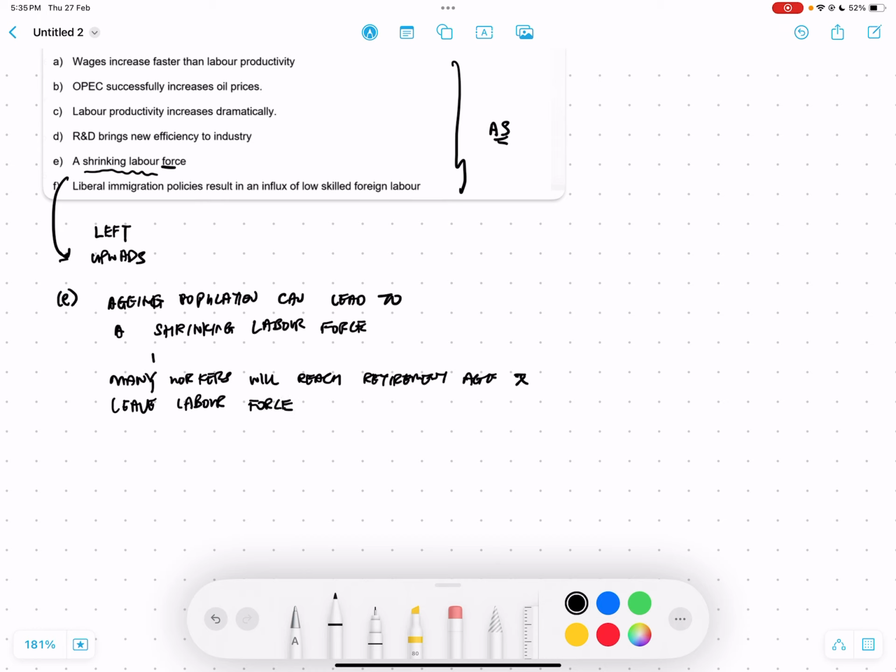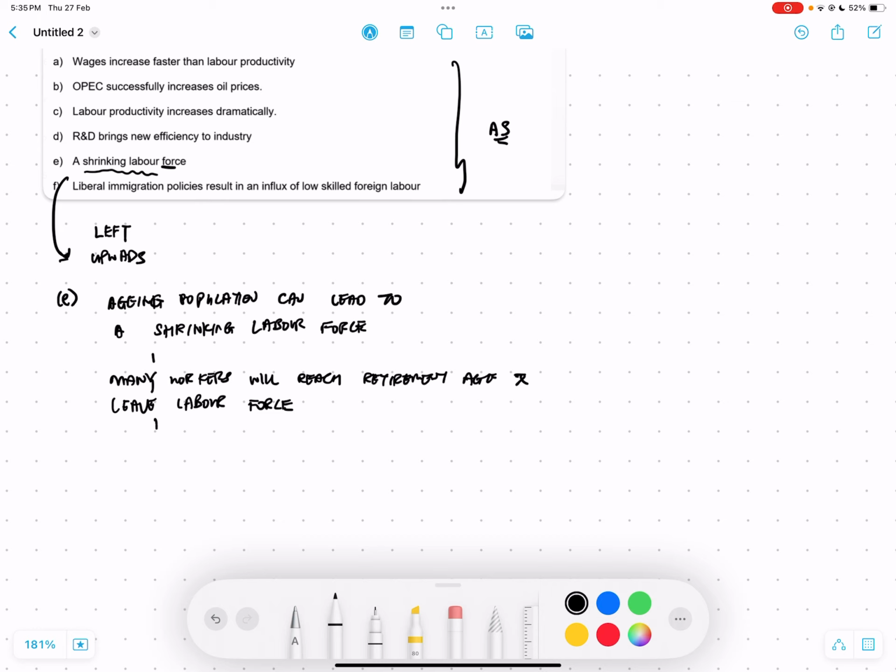And then what happens is that the number of people entering the labor force is less than the number of people leaving the labor force. So the number of people like you is going to be way less than the number of people, let's say for example my parents, who are leaving the labor force.